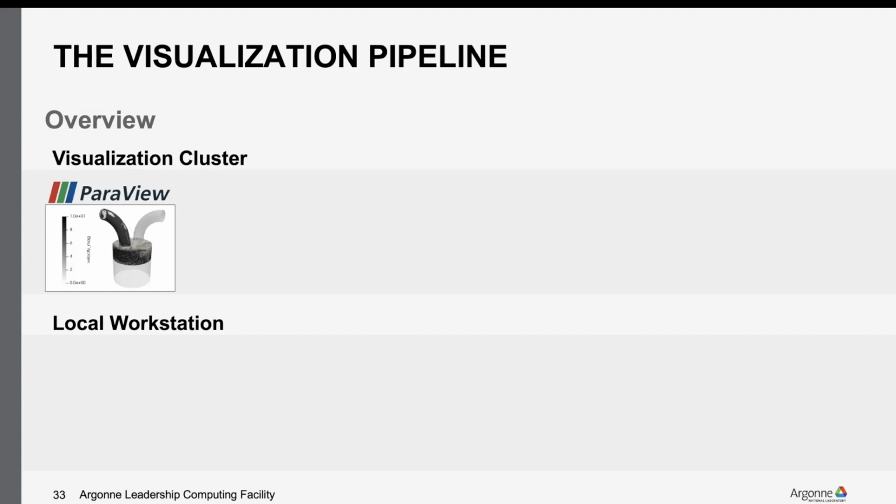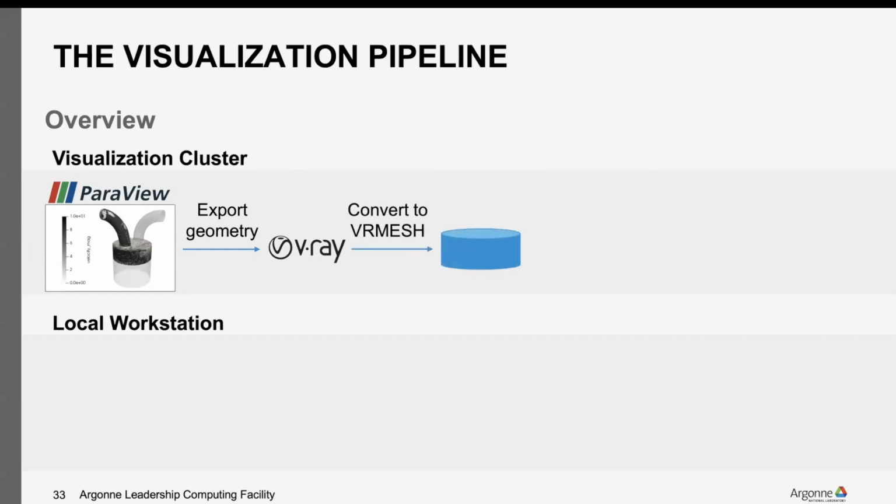So a little bit of what this process looked like. We would run ParaView, load the simulation data, and then export geometry. V-Ray is a commercial renderer that's built on top of oneAPI, so we would export the geometry in a format that V-Ray understood, and convert this to a mesh.